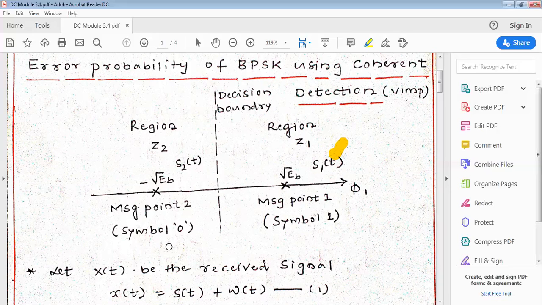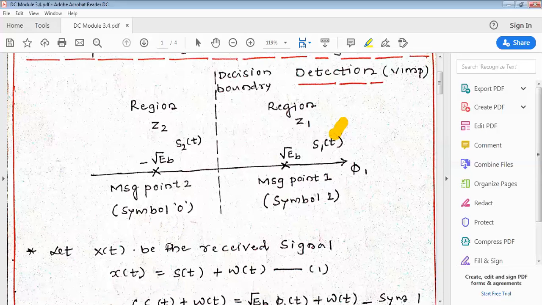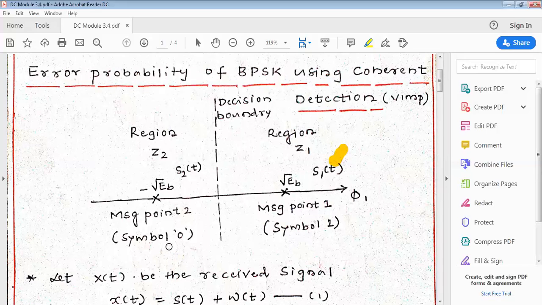In another case, when you transmit a symbol 0, instead of deciding in favor of symbol 0, it decides in favor of symbol 1. Because of this, an error occurs in the data transmission. And the probability of this error is what we are going to calculate in this BPSK system.